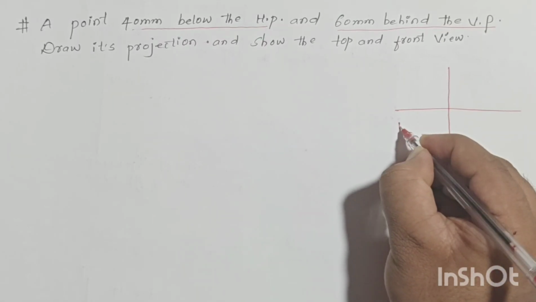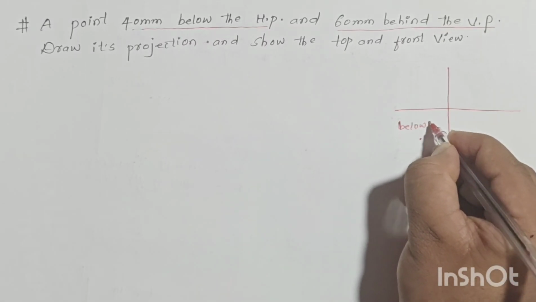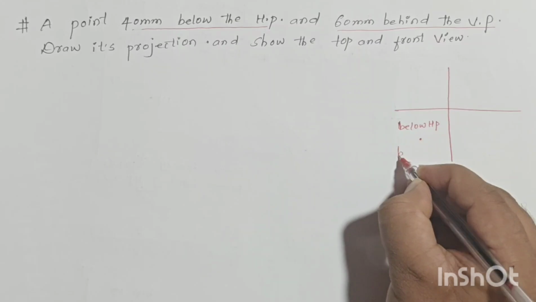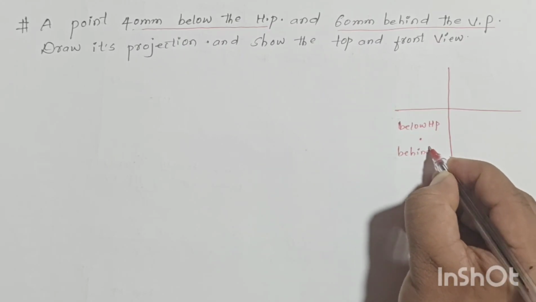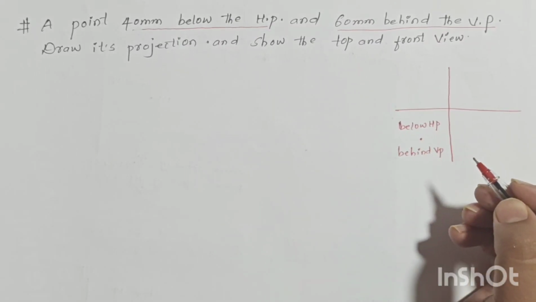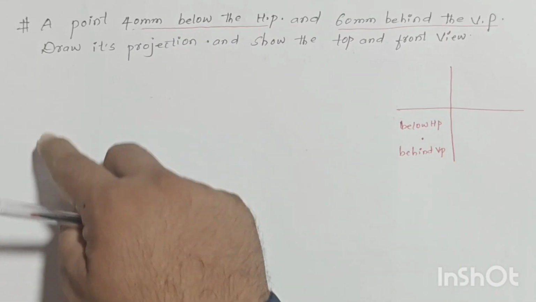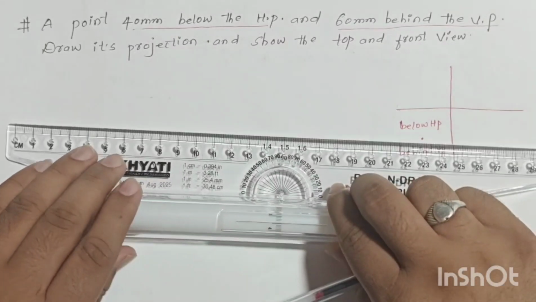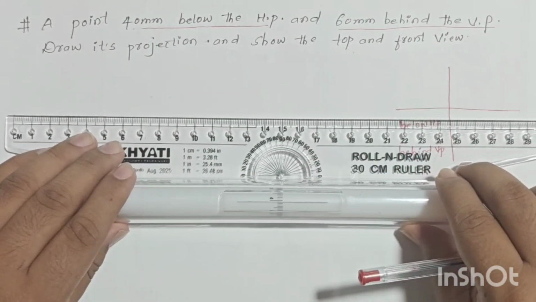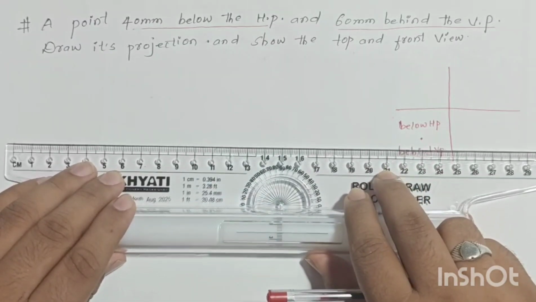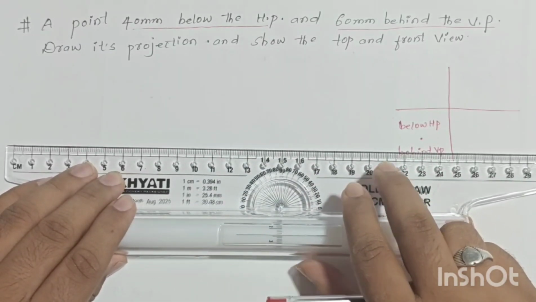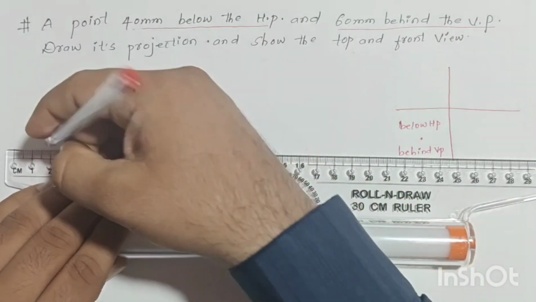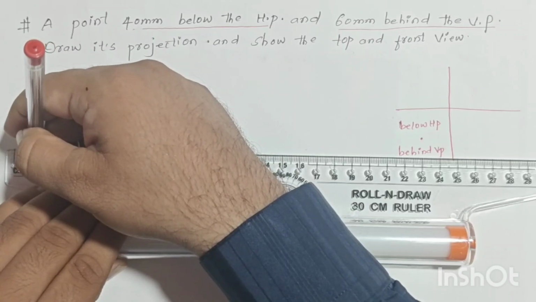The point is below the HP and behind the VP. What is the third quadrant formula? We know here, HP by VP. Is it right? First draw the reference line.